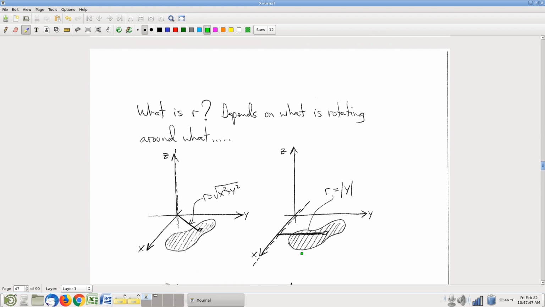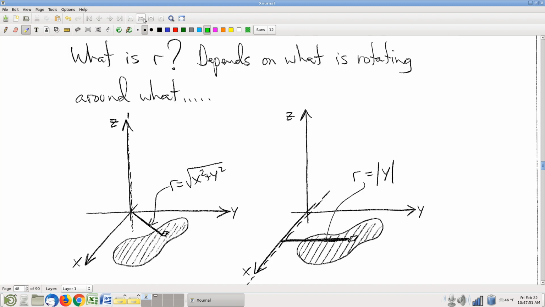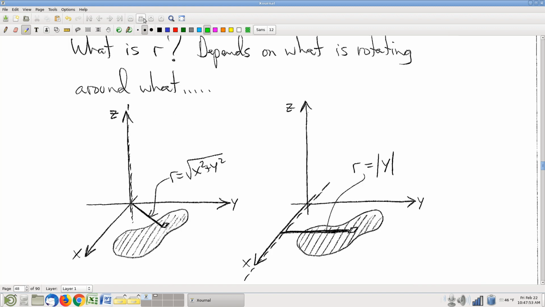So do keep in mind, as I just mentioned, this thing called R. You cannot just memorize a formula for it. A lot of people like to say, R, I remember that letter. That letter always means square root of x squared plus y squared. And I'm sorry, it doesn't.